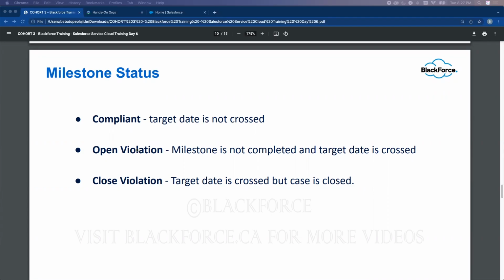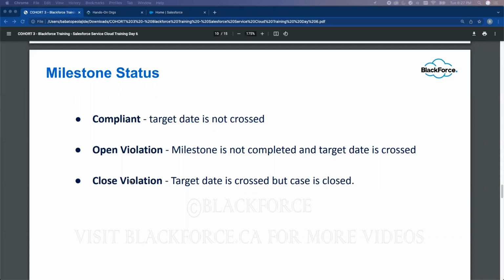There's what they call open violation. Open violation is when the milestone is not completed and the target date is crossed. That means this case is still open and you have not closed that case. This is a kind of situation whereby you should be escalating a case.